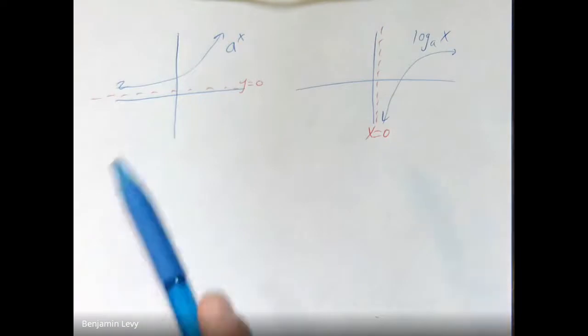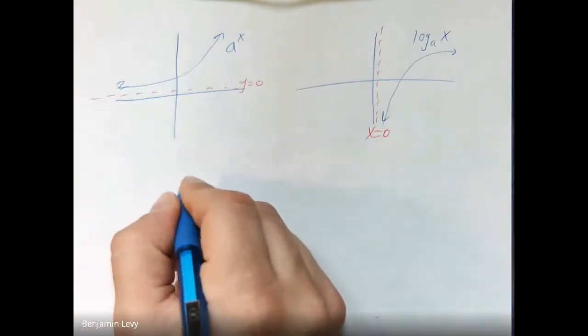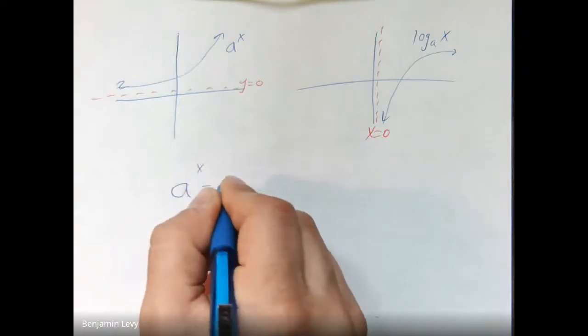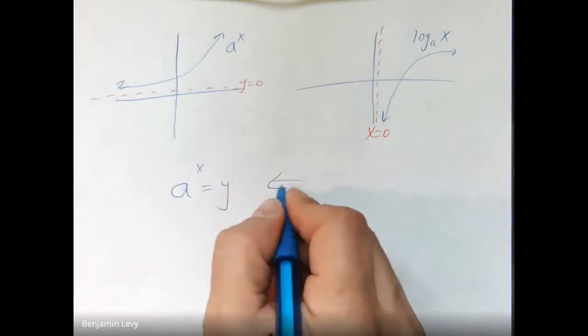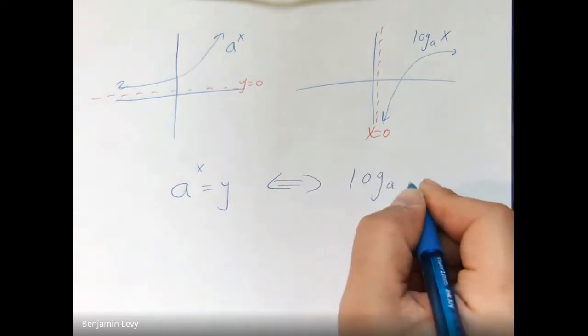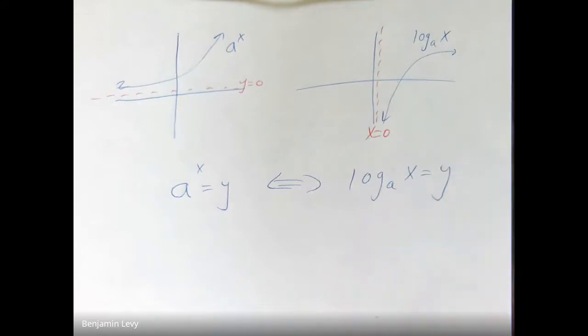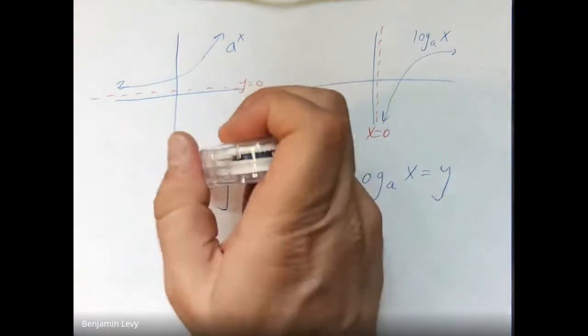Because they're inverses, if you have a to the x equals y, you can change that into log form, log base a of x equals y. Sorry, this should be a y and that should be an x.